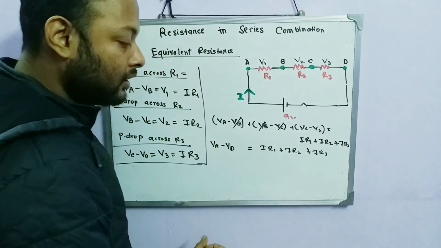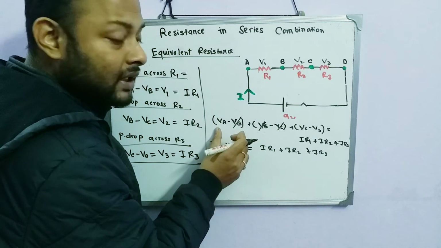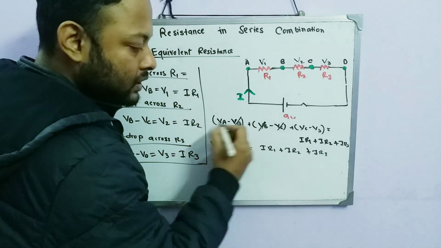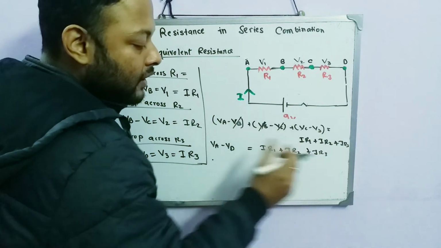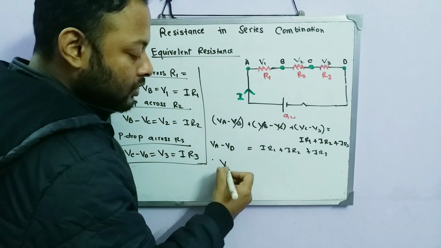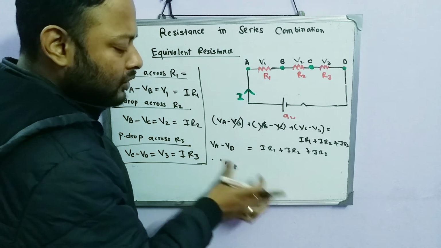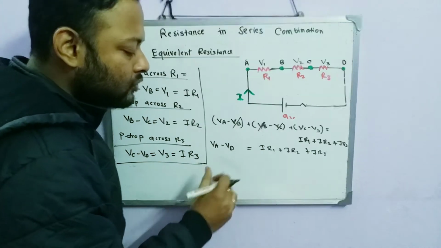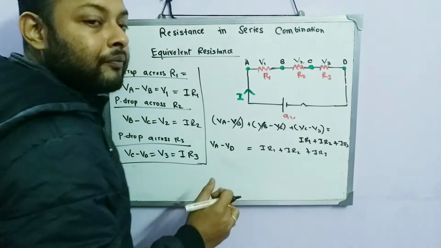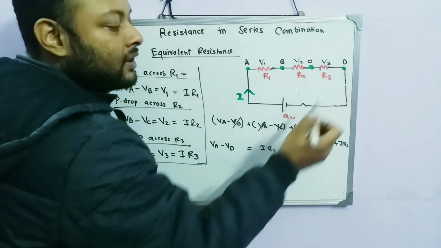Also if you see this VA minus VB, in this equation, VA minus VB was V1. So ultimately I am getting VA minus VD, the potential drop across A and D. Now VA minus VD, that is equal to what?